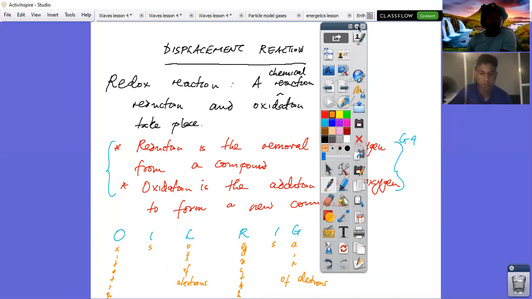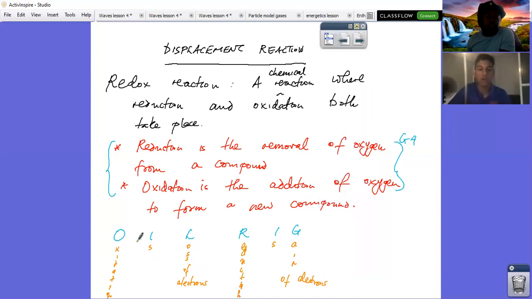So this is the most important one to remember. Oxidation is the loss of electrons. Reduction is the gain of electrons. You're okay with that one so far? As long as you can remember OIL RIG. I couldn't remember what it was the loss or gain of.